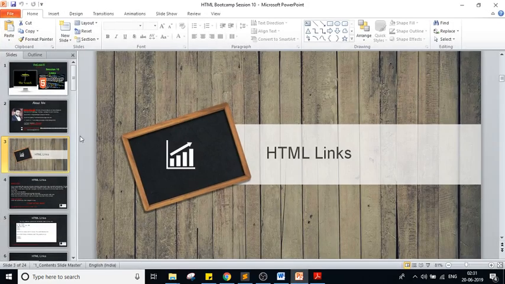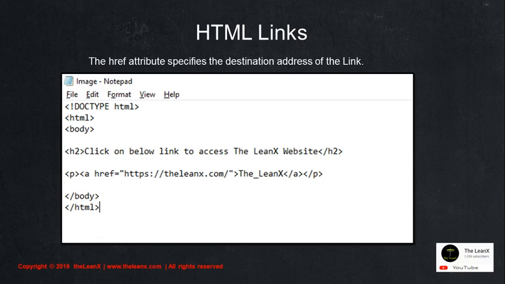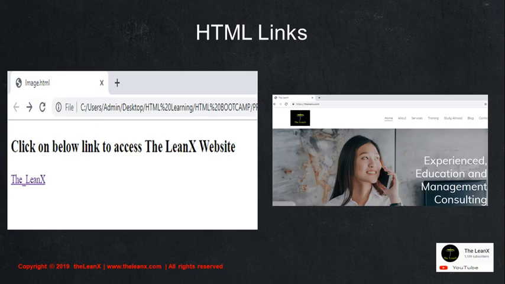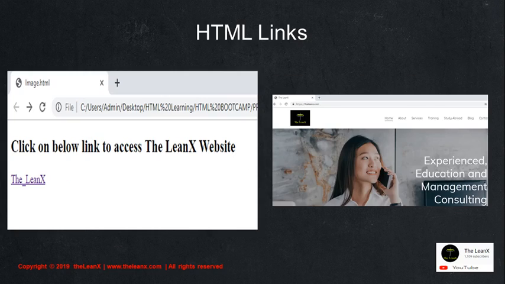Let's revise what we have learned so far. We have talked about HTML link and its syntax: A stands for anchor, and then it takes its destination. We have seen how we can access different links with this HTML link.